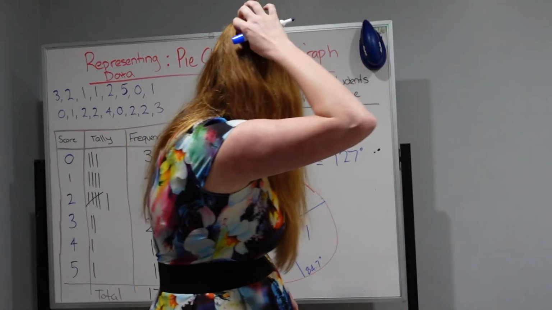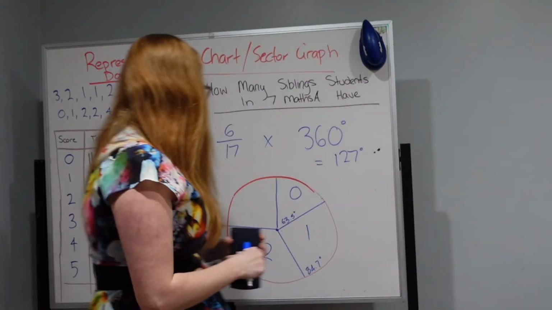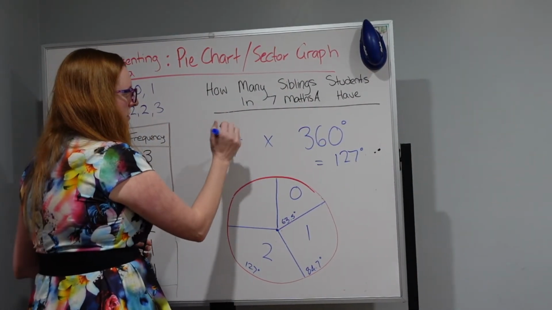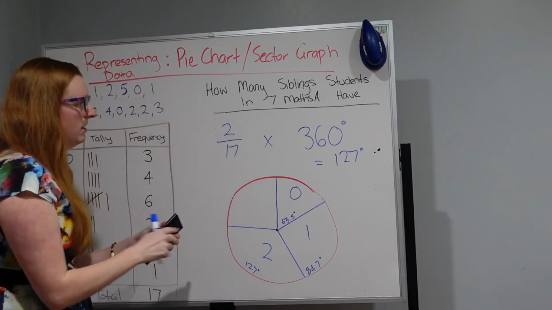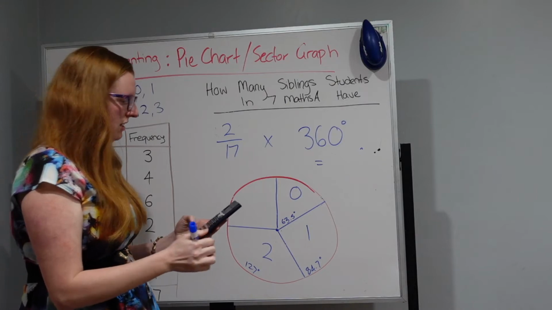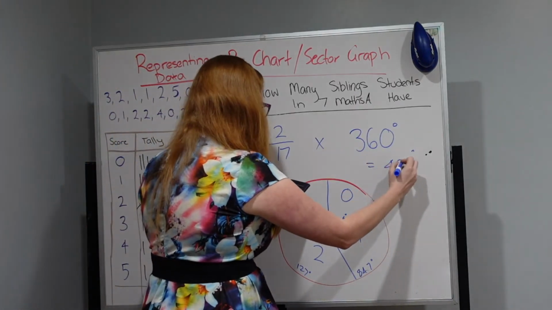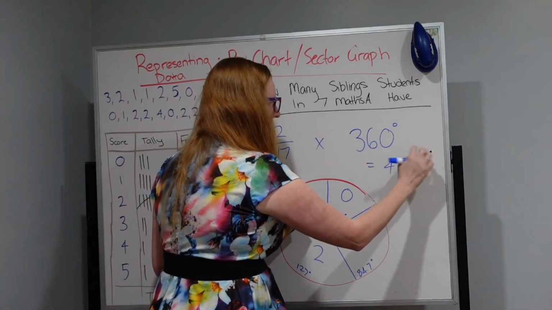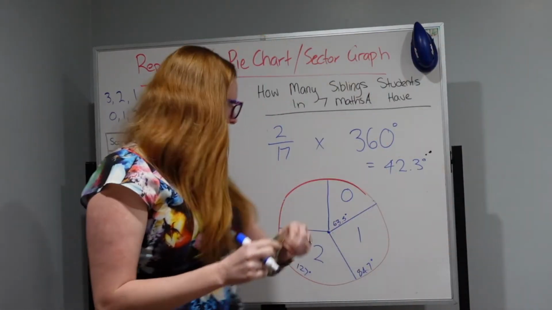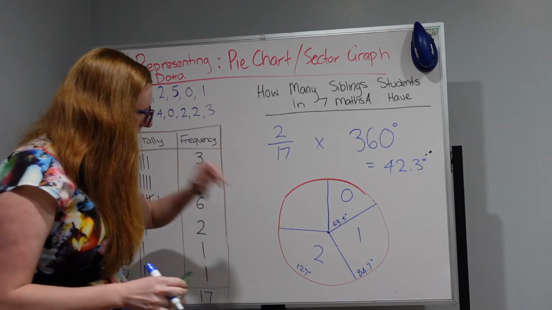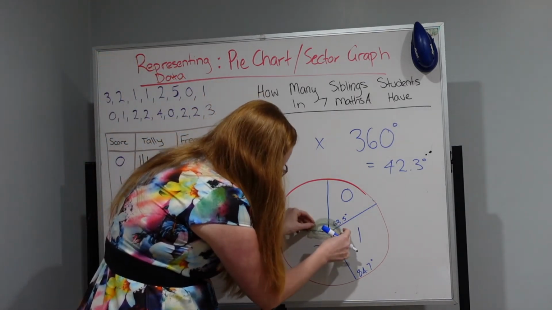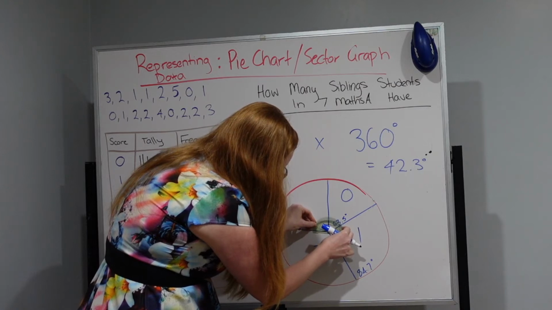Okay, cool. Let's do our next one. So the students who had 3 siblings, there were 2 of those, so my fraction becomes 2 out of 17. 2 divided by 17 times 360 becomes 42.3 degrees. So get our protractors and we're measuring from our new line again. Protractor on the center, like that.